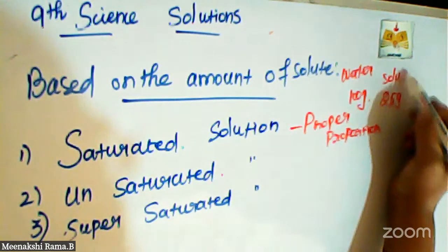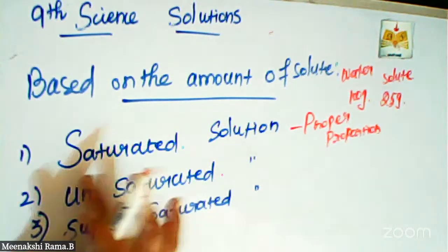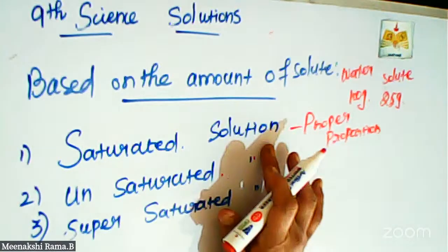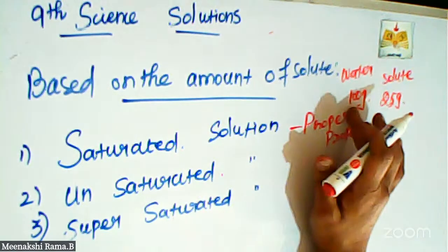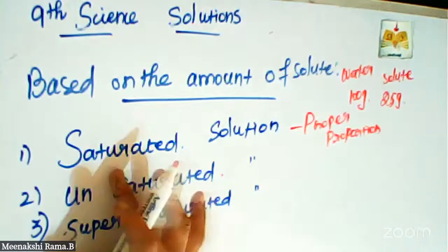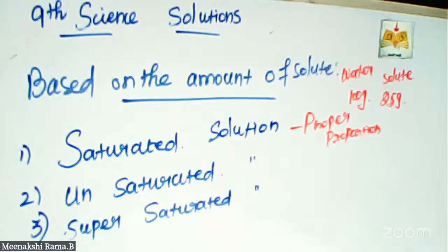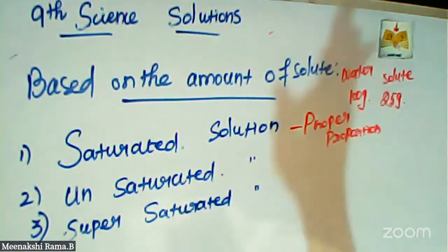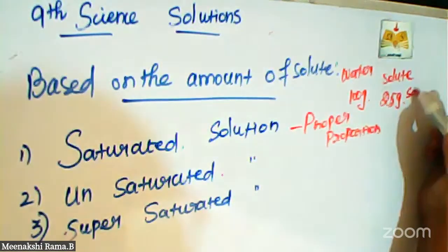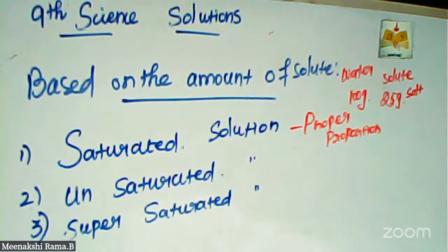In this manner, that kind of solution is called a saturated solution. So 100 gram of water or 100 ml of water containing only 25 gram of salt is the example for a saturated solution.